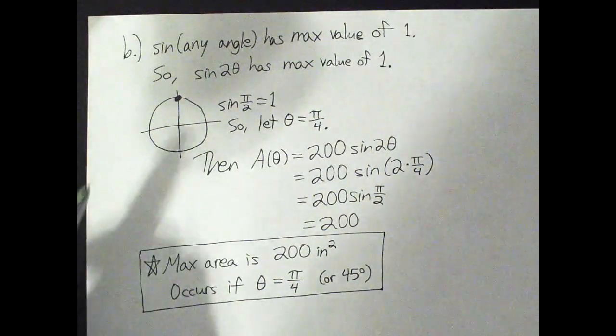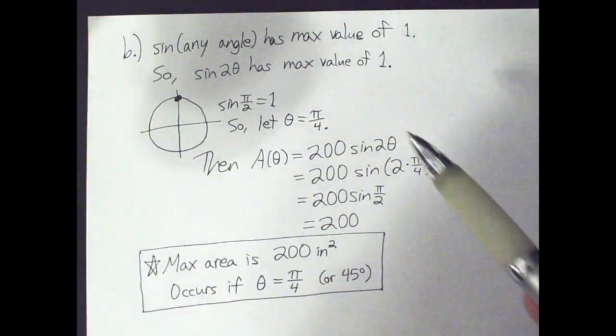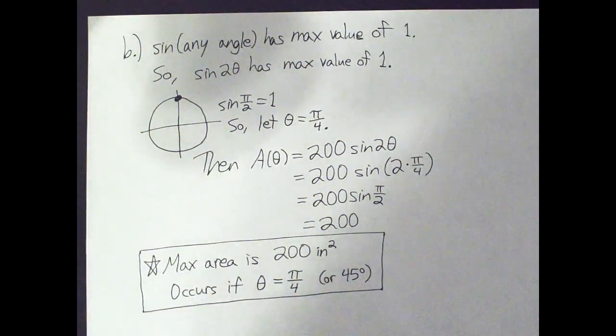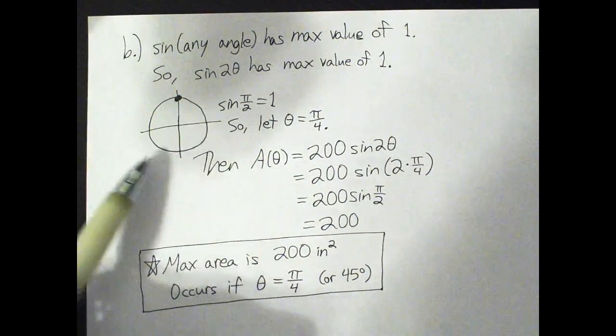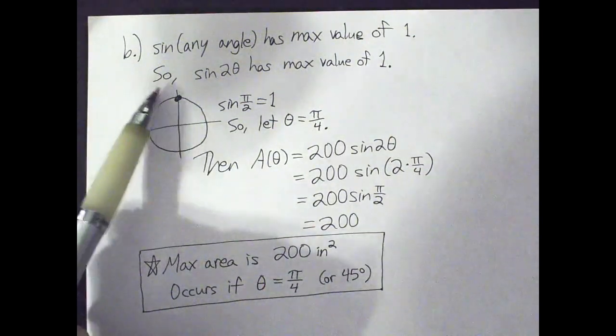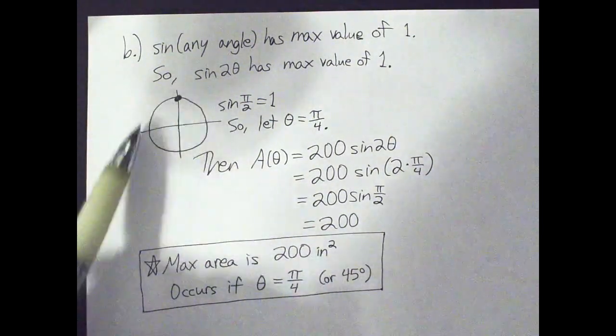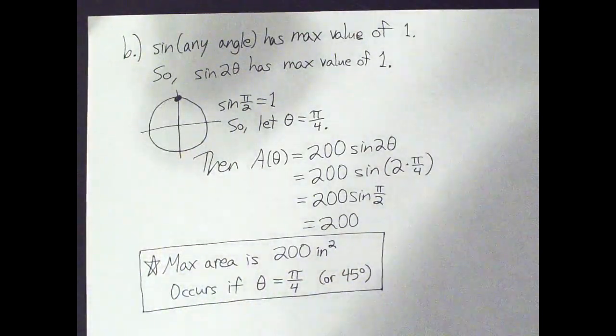Oh, and you might also look at this and ask, are there other angles that would also get you the same result? Could we do a negative angle and wrap around the unit circle, or an angle that goes around multiple times and winds up at that same point?